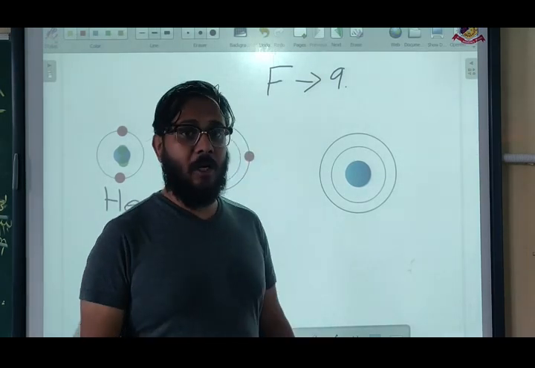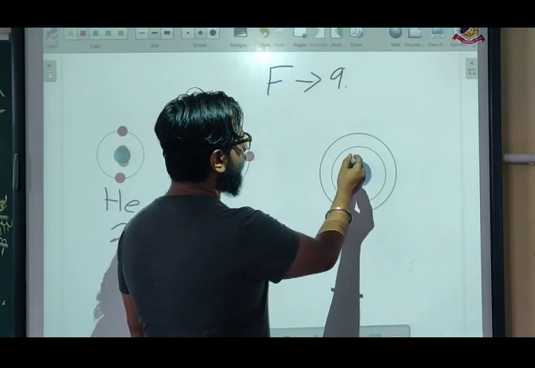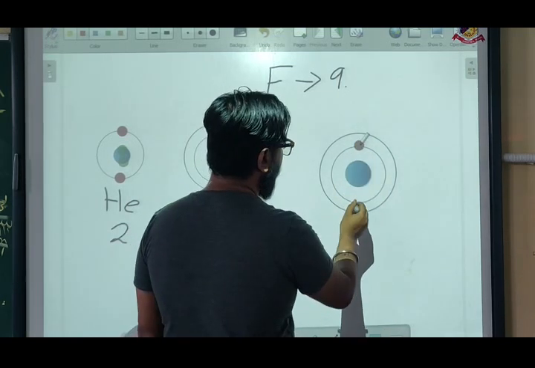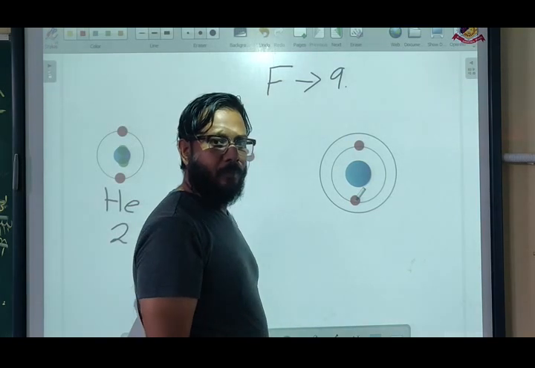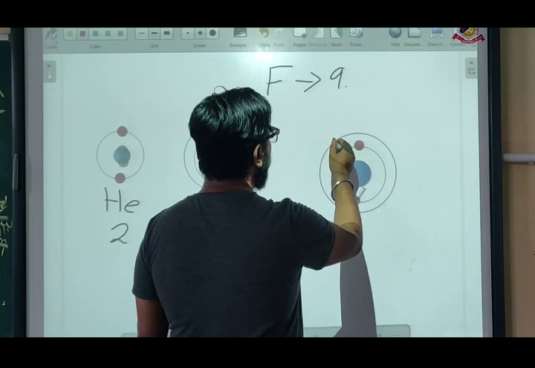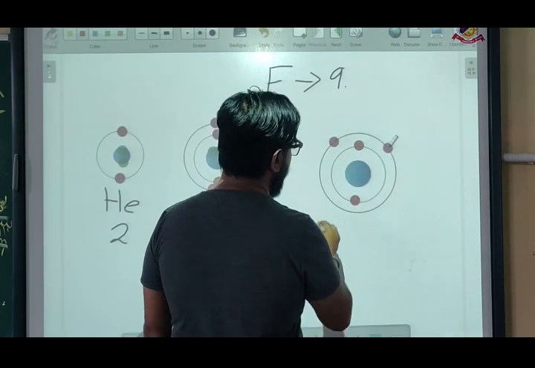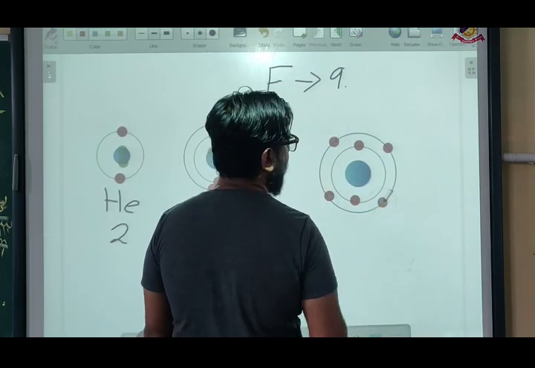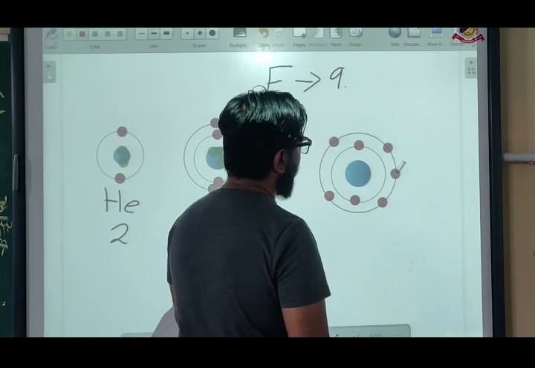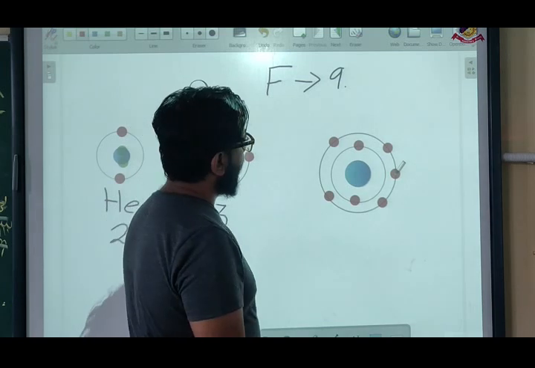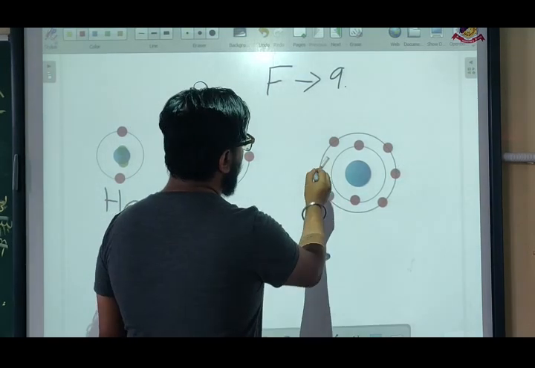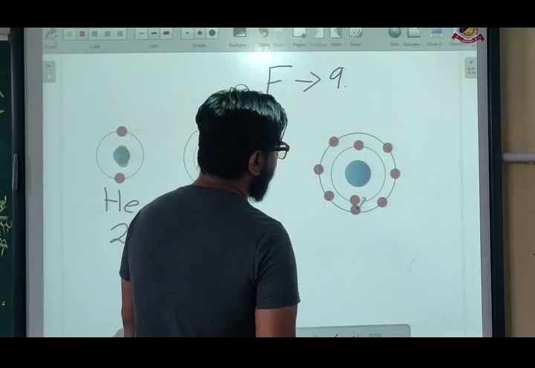How many electrons are going to be there? The first shell will have just 2. 1, 2. Okay? So how many left? 7 left. So what are we going to do? We put 7 out there. And lastly, 3, 4, 5, 6, 7, 8 and 9.